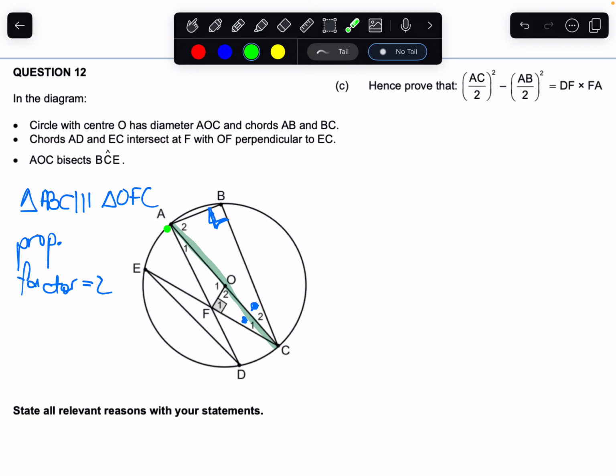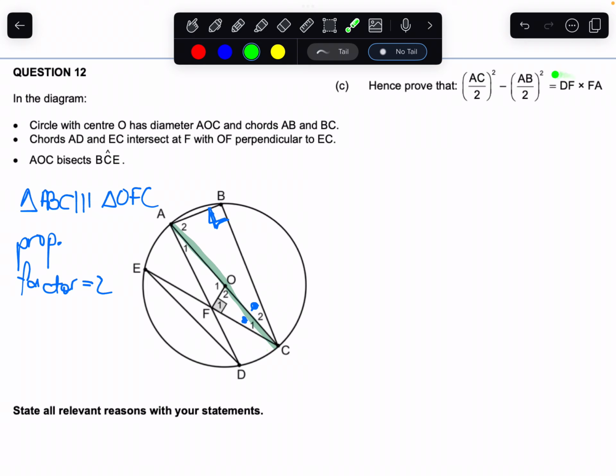DF times FA. So what immediately stood out for me on this side is, AC over 2 is the same as OC. AB over 2 is the same as OF. And so it was kind of giving Pythagoras, telling me OC squared minus OF squared is equal to CF squared.